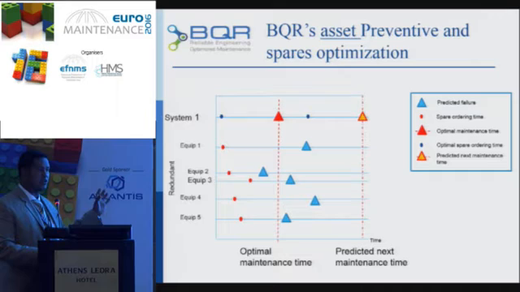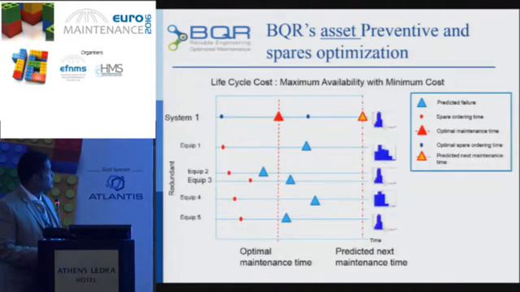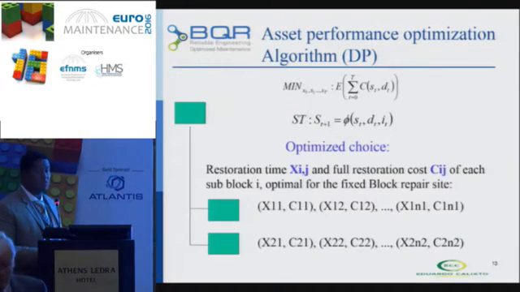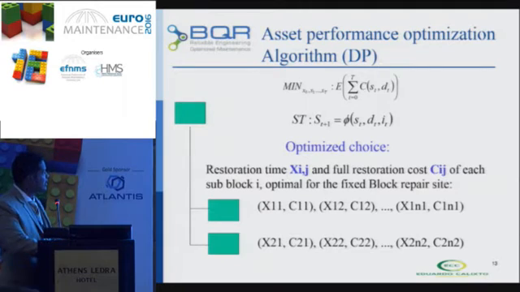Of course, you need to update it along the time with your historical data, and also based on predictive maintenance and tests in order to define this optimization. And then you are able to achieve the optimal life cycle cost, maximum operation availability, and lower life cycle costs. So here's the concept of optimization. So that's one of the objective functions.